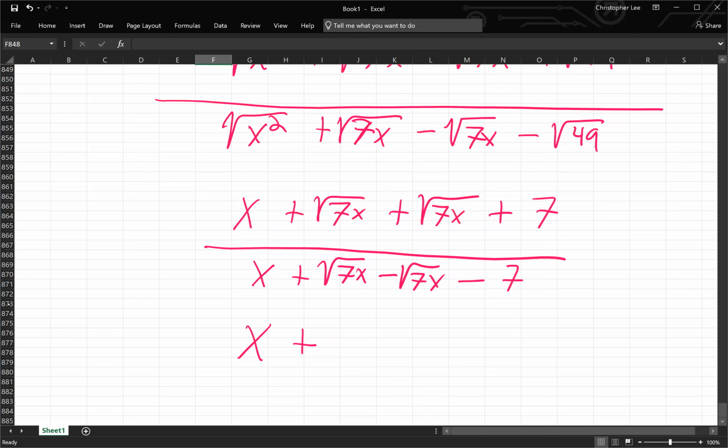What's square root 7x plus square root 7x? They have the same radicand and the same index, right? So we can add them. So what do they become? All right, let me give y'all a hint.